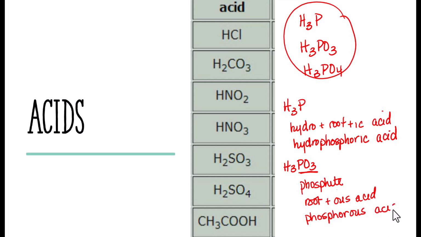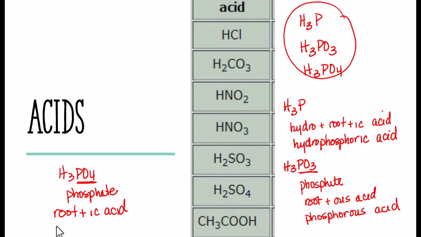H3PO4. Again, oxygen is present, so we look up the polyatomic PO4, which is phosphate. And the general format for -ate is root-ic acid.